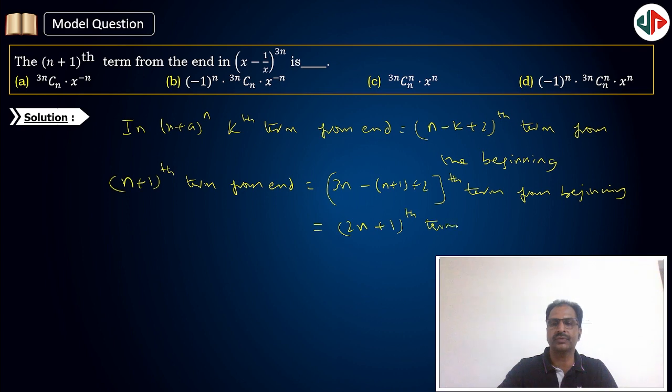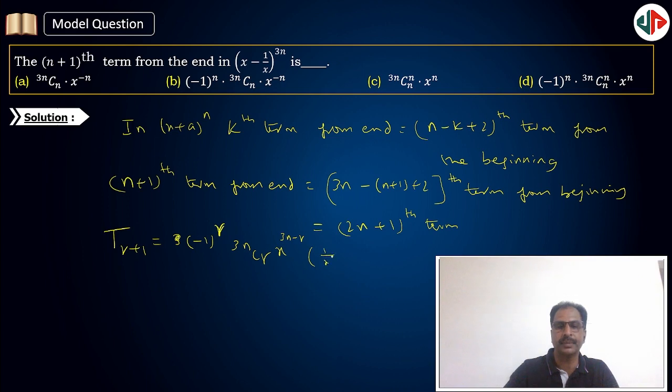So now the question is finding T(2n+1). For that, write the general term. When you have (x - a)^n, the general term is (-1)^r 3nCr x^(3n-r) a^r. To get T(2n+1), put r = 2n.